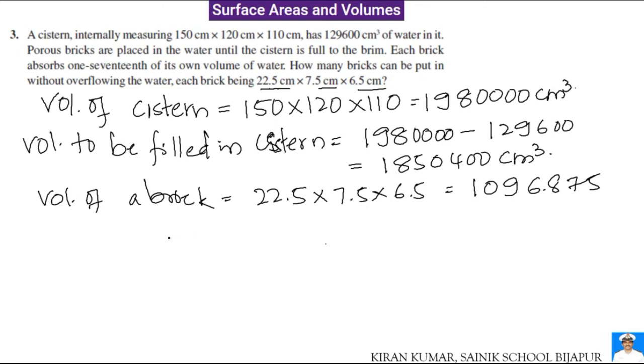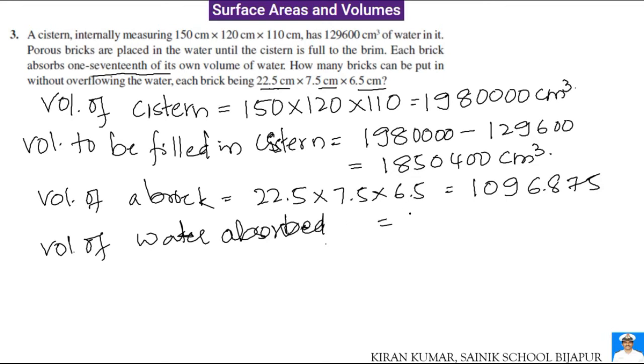If it is absorbing 1/17th, not 7th, 1/17th of its own volume of water, so volume of water absorbed by these bricks will be n by 17 times 1096.875, if n number of bricks are there.